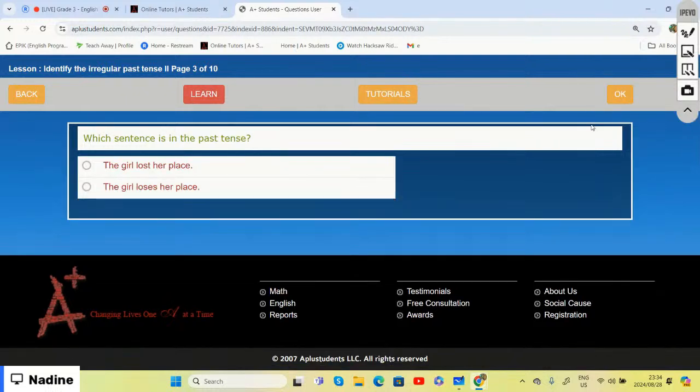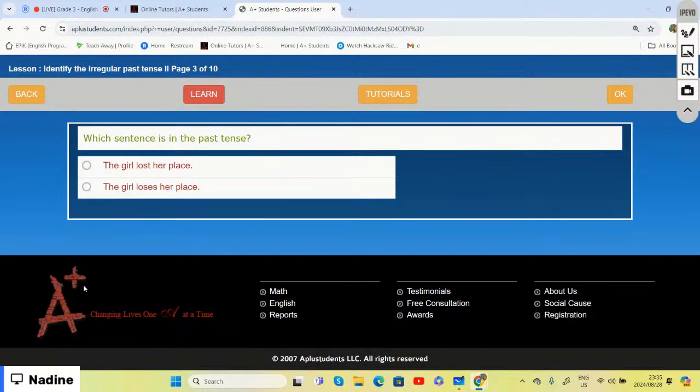It says the girl lost her place. All right, so we need to say which sentence is in the past tense. Is it the girl lost her place or the girl loses her place?